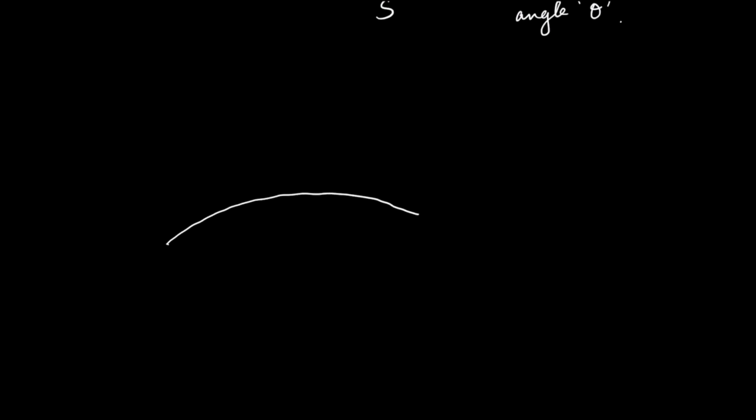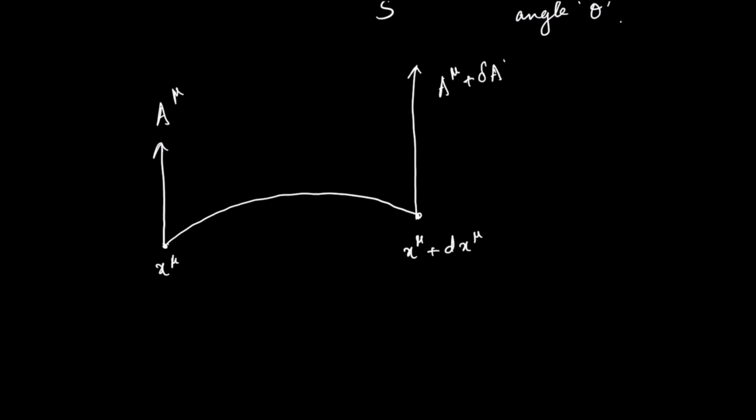For example, I have this point x mu and a contravariant vector a mu, and another point x mu plus dx mu, and I have another vector a mu plus del a mu. Let the distance between these two points be del x lambda.